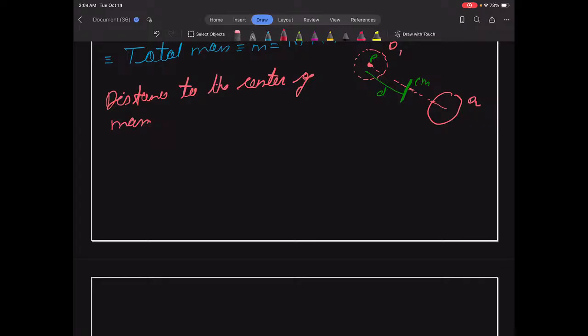For this particular case, let me redraw the figure, because otherwise it will be tricky. This is our disc 1 and it is hanging vertically downward exactly. This is our D1 and this is our D2. The lower disc is vertically downward, directly below the upper disc.